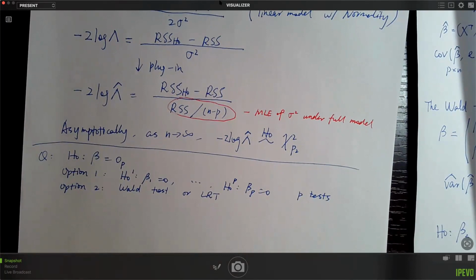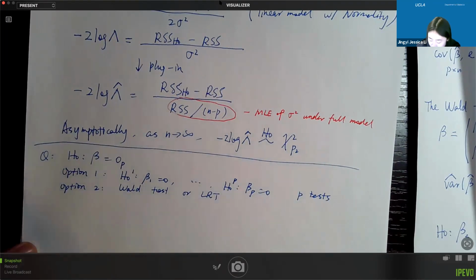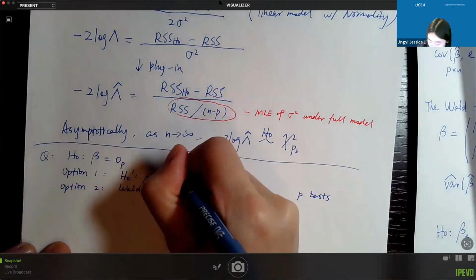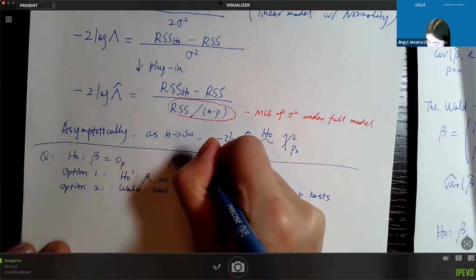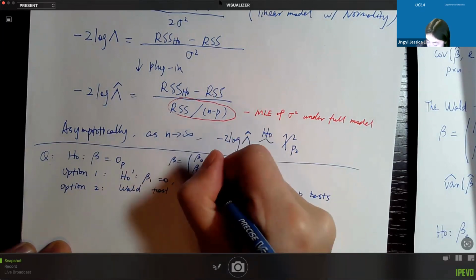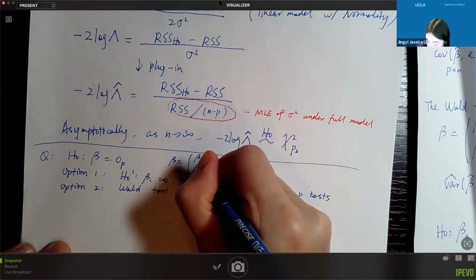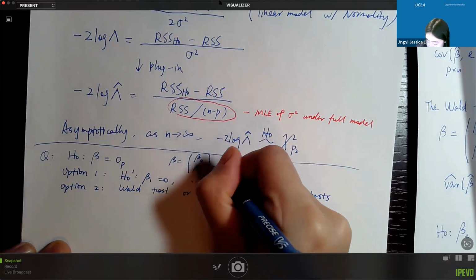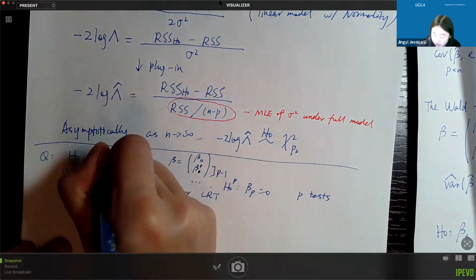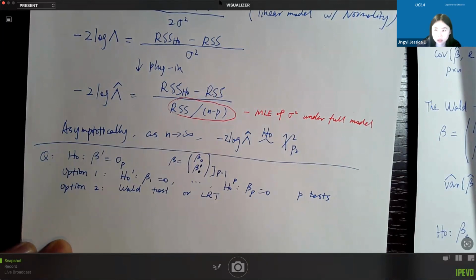What would be the likelihood ratio test under the null of all betas equals 0? Okay, that's a very good question. Maybe I should make it more clear. Probably I should just constrain myself to the predictors. So if I call this beta 0, and let me call this beta prime, this beta prime is just p-1 dimensional. So here I'm only testing beta prime equal to 0, which means that I exclude the intercept.